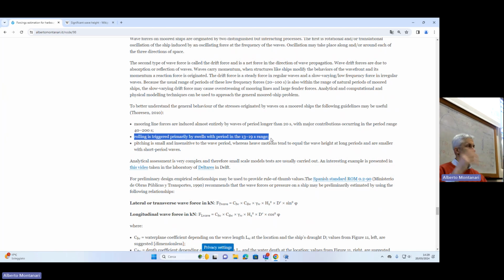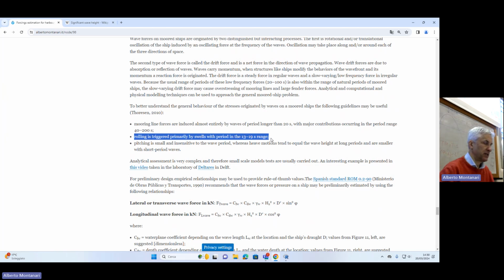It's a movement that typically occurs with high frequency. High frequency means a short period, okay? You wouldn't imagine rolling like a very small one, a very long movement with a very long period.